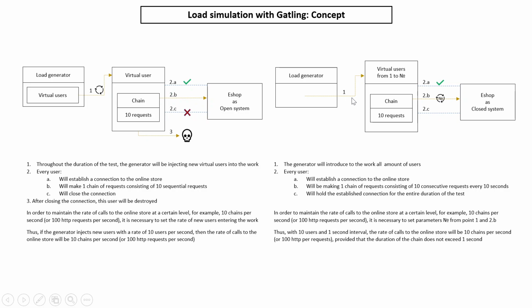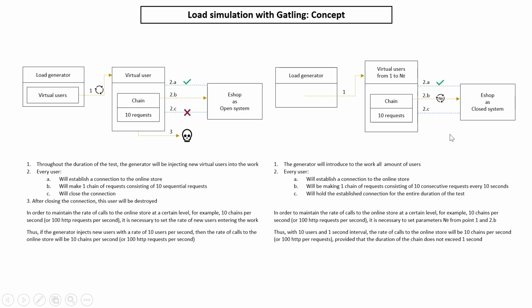Next, each user will establish a connection to the online store and begin to execute a chain consisting of 10 sequential requests every n seconds, where n is the rate of sending, for example, 1 time per second. During the entire duration of the test, the user will hold the connection and close it only when the test ends.